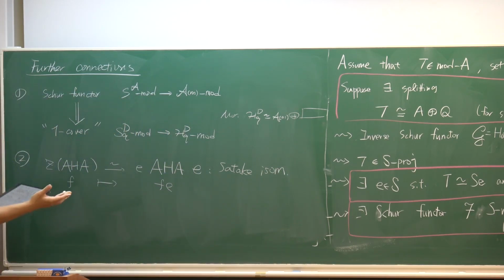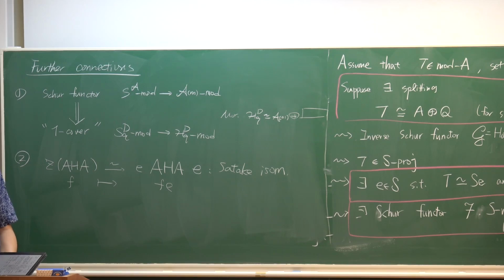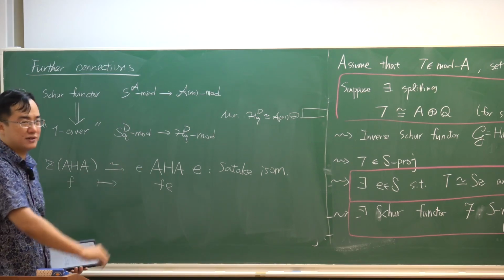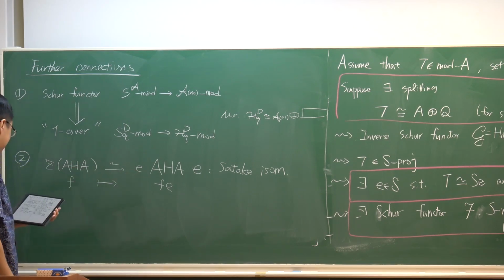But this is very tempting. You look at this statement, and if you replace this affine Hecke algebra with any quantum wreath product algebra, especially the Hu algebra, what do you get? Can you actually construct such an idempotent and make this happen?